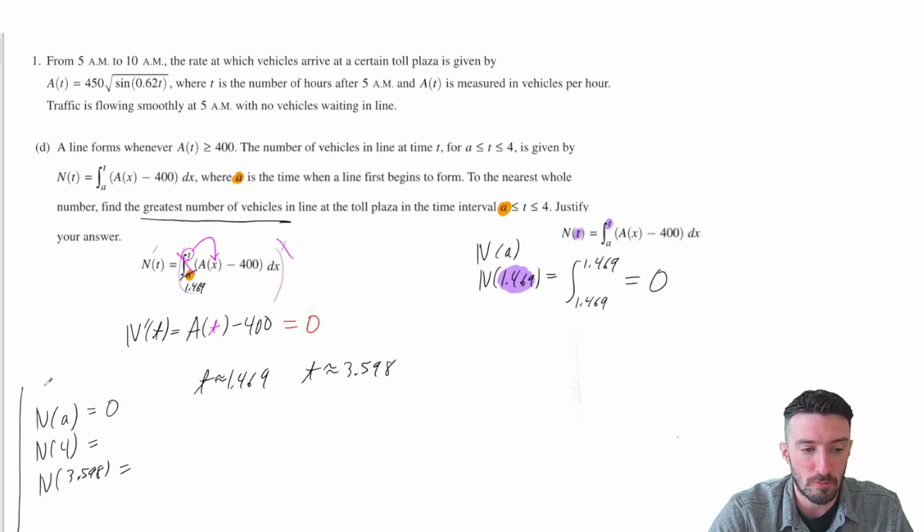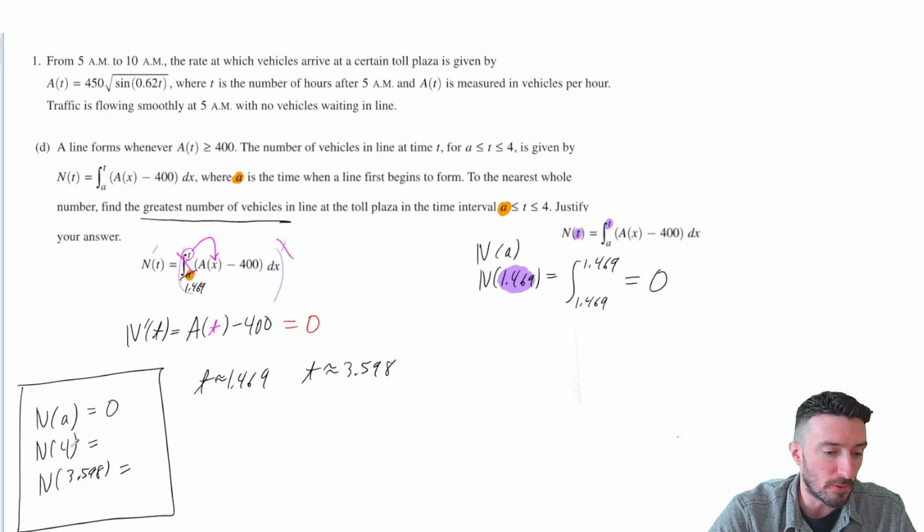So we've already got part of what we need here, but now we also have to plug in 4 and 3.598. So if I were to have plugged in 3.598, then that means that the 3.598 goes at the top. So let's put that up here.